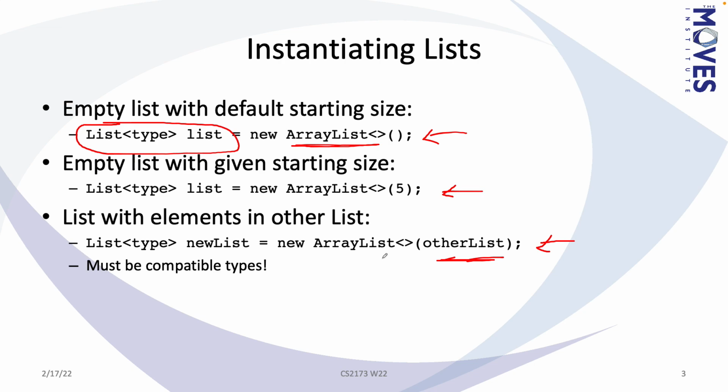This pattern is especially useful when you're doing setters and getters. If you have an instance variable that's a list, then on the getter, you want to return a copy. Now, if you remember, arrays have a clone method that you must be using every time you have a setter or a getter with an array.